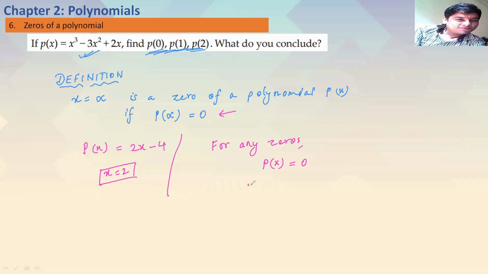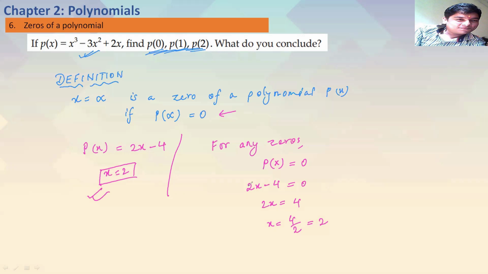So what is the polynomial in our case? It is 2x minus 4 equal to 0. So 2x is 4, and x is going to be 4 by 2, which is 2. That's what you did here, right?